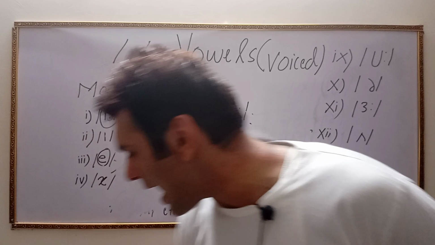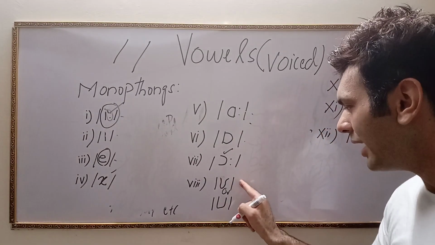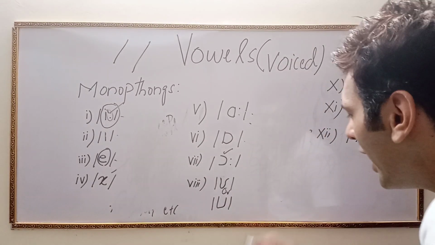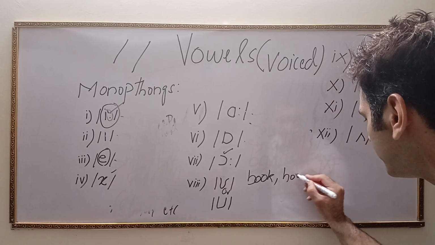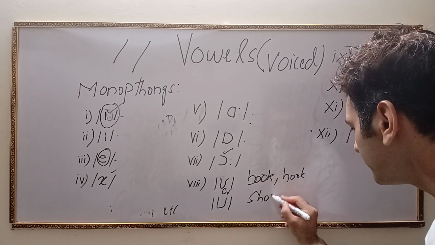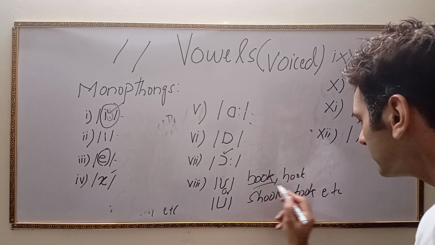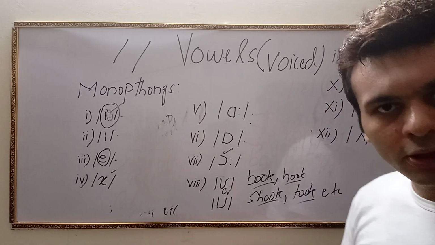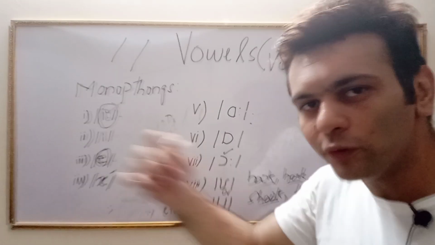Next one that we have, you can write it either way, like this or like that. It's a short vowel, and you find it in words like book, hook, shook, took, so and so forth.